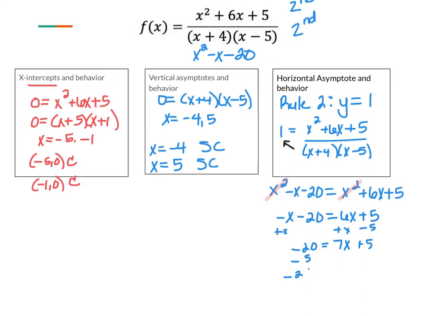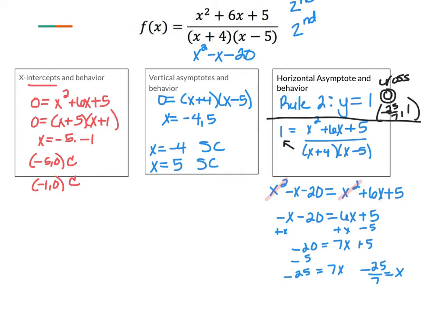So I get -25 equals 7x. Divide by 7. Now that is going to give me the location of where my graph will cross the horizontal asymptote. So our horizontal asymptote happens when y equals 1, and then we're going to say cross at negative 25/7, comma 1.